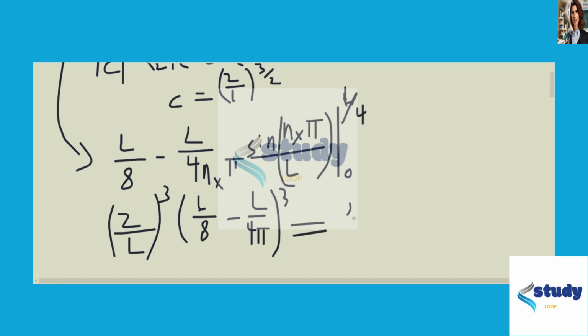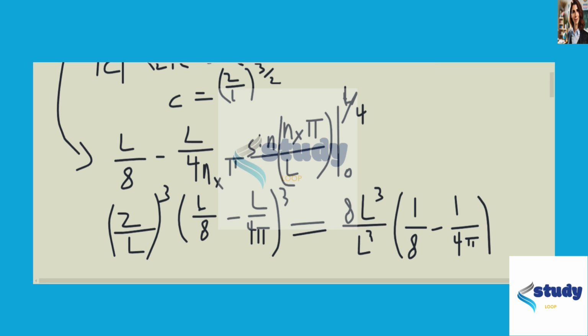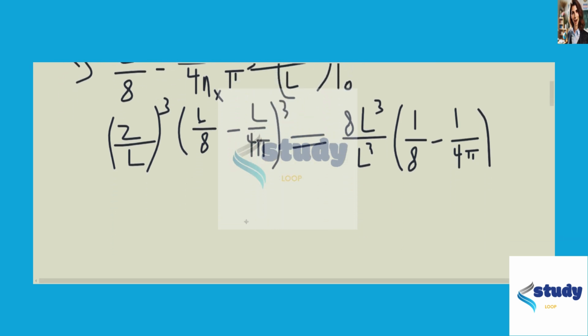So this is equal to L to the third times L to the third, times 1 minus 1 over 4 pi. And finally, we are left with the value of 7.49 times 10 to the minus 4.